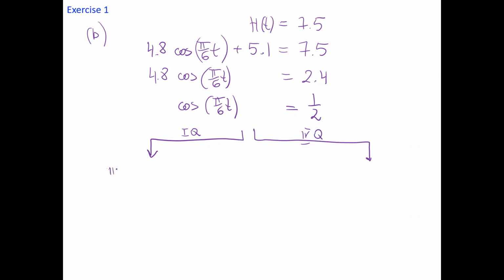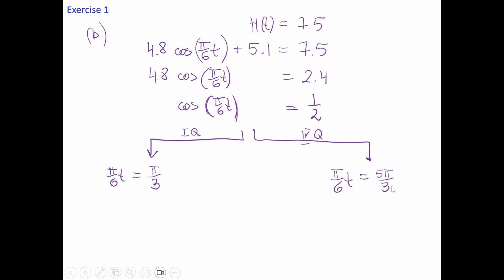That means the angle pi over 6t equals pi over 3, or, from the fourth quadrant, 5 pi over 3.